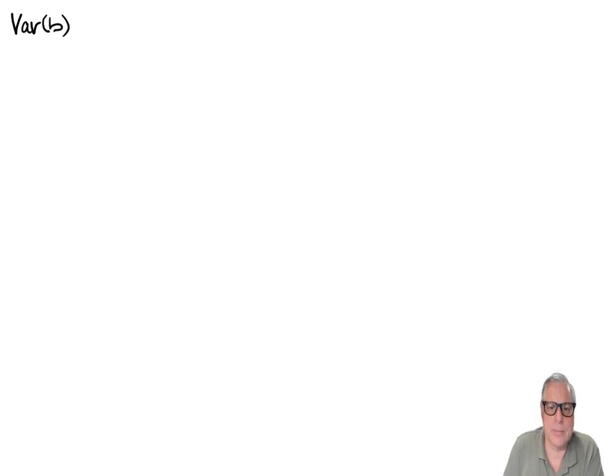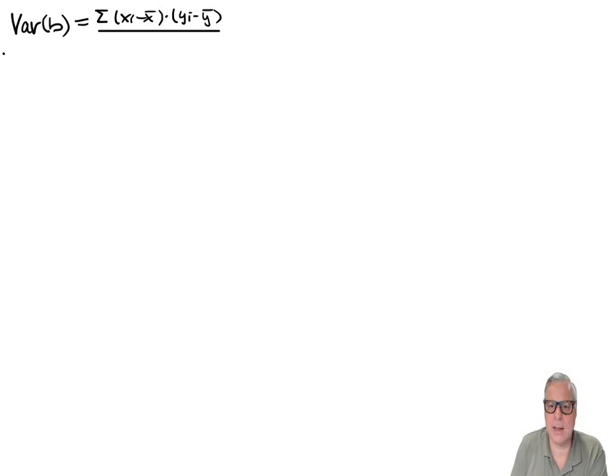And what we derived is that the slope coefficient is the sum of the covariance of x and y, and it can be written as xi minus x bar times yi minus y bar. So that's the covariance between x and y, and then we need to divide that by the variance of x.